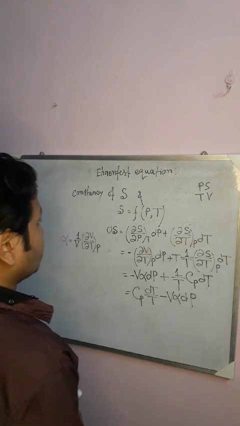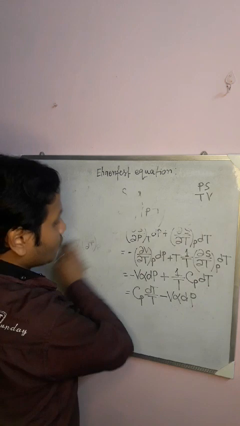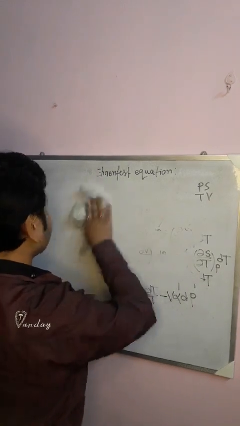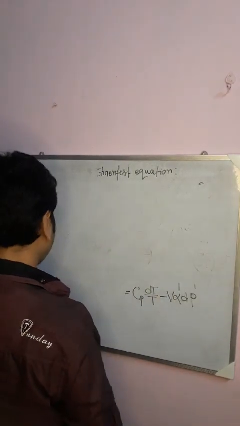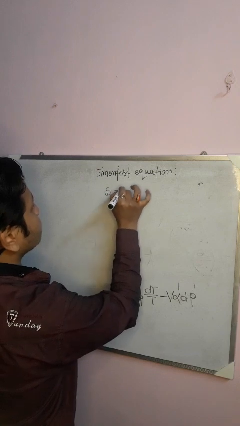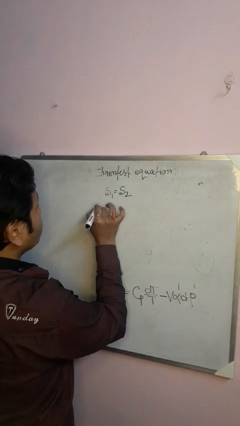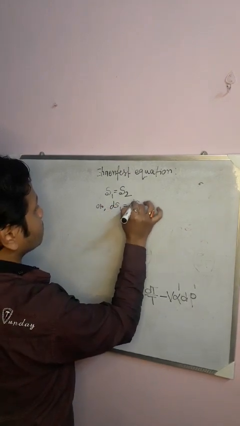Now we found this. Now I can say that in second order phase transition entropy does not change. That means entropy remains constant, so we can write the initial phase entropy equal to the final state entropy. We can write dS1 equals dS2.